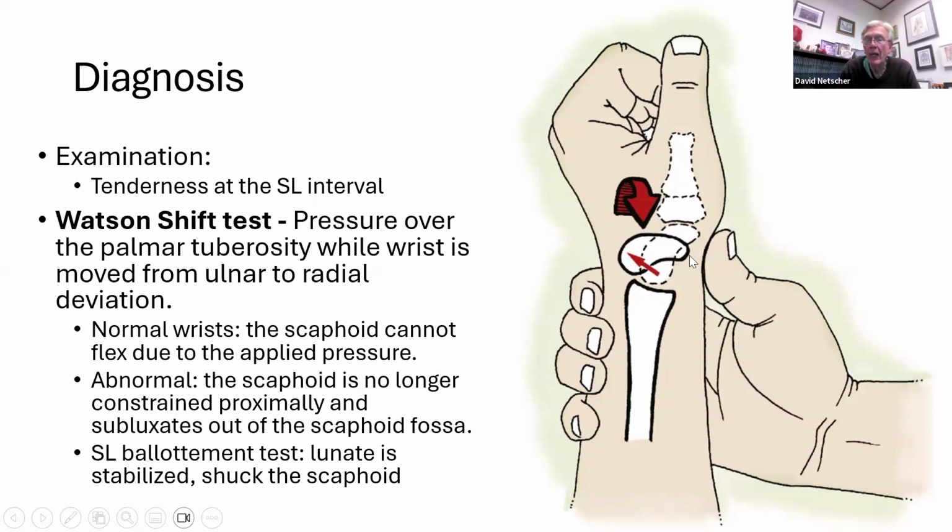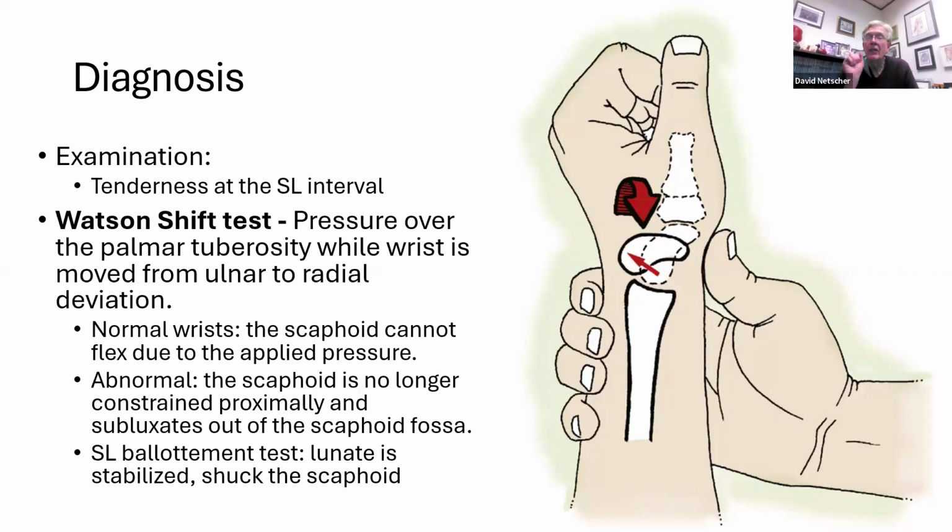And if you then apply pressure to the distal pole of the scaphoid and force the wrist into radial deviation, generally speaking, that ligament is so strong that the scaphoid will flex, and you cannot resist that. However, if that scapholunate ligament is disrupted, then the scaphoid will be pushed over the back edge of the radius, and you'll feel a clunk as the wrist goes into radial deviation.